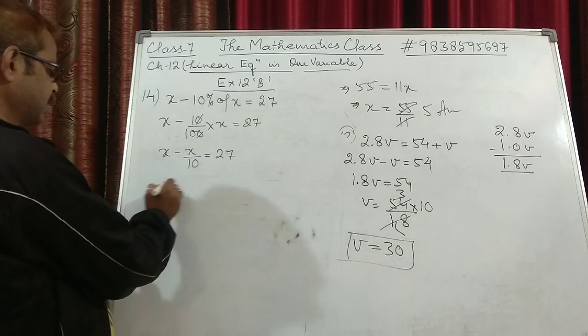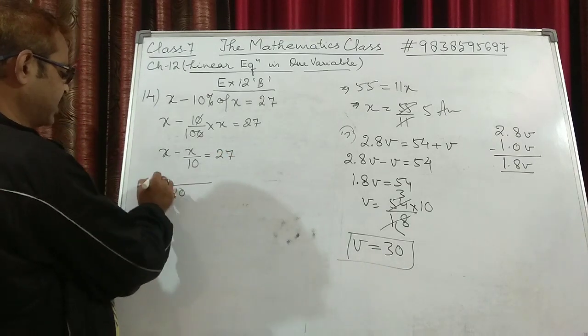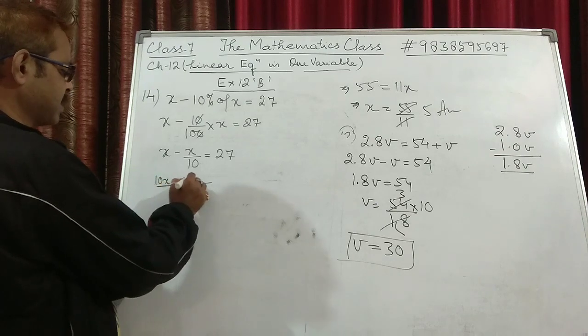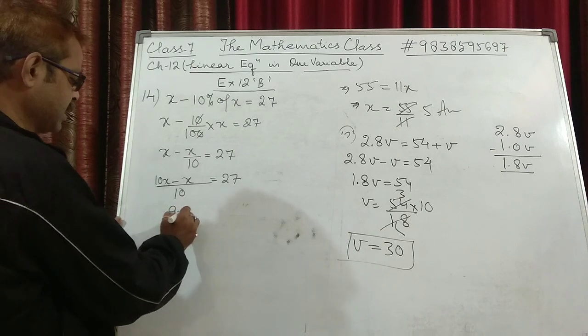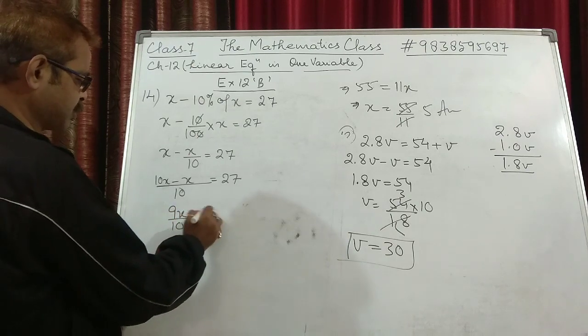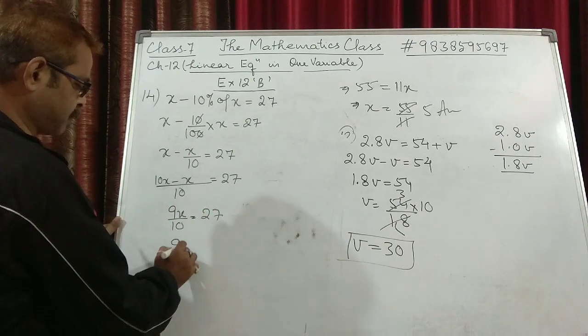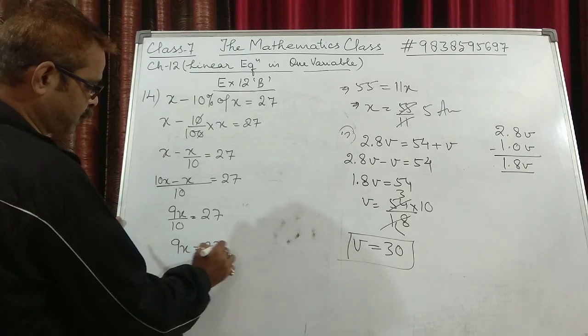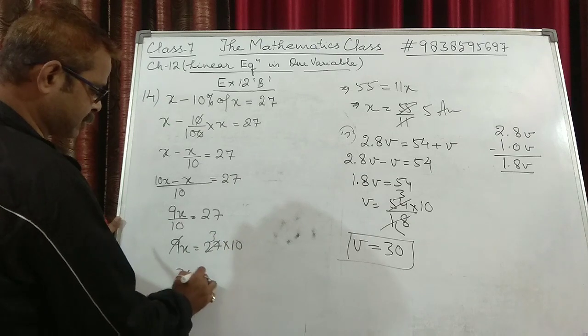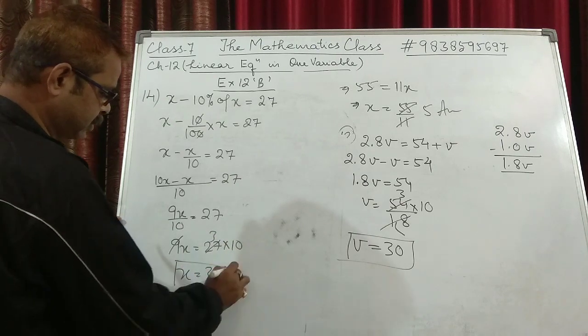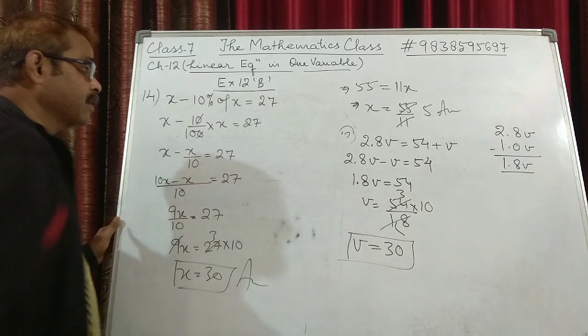Again you will take the LCM. So when you take the LCM, LCM will be 10. This will become 10x minus x is equal to 27. 10 minus 1 is 9x upon 10 is equal to 27. Cross multiply. 9x is equal to 27 into 10. So 9 3s are 27. x is equal to 3 10s are 30. That is the final value.